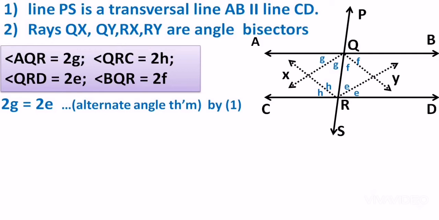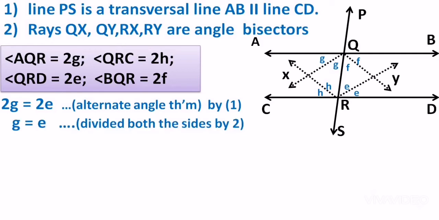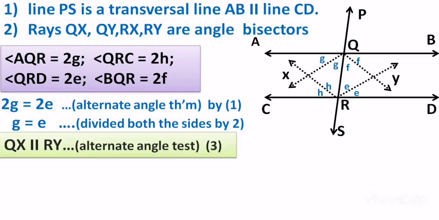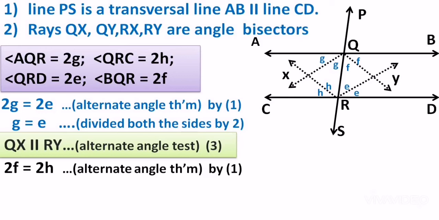And when you divide both the sides by 2, you get G equals to E. And when you say G equals to E, keep it in mind, that means angle XQR is congruent to angle QRY, and due to which we can say QX is parallel to RY considering transversal QR, by alternate angle test. So one side is proved parallel, correct? QX parallel to RY. The important part is done.